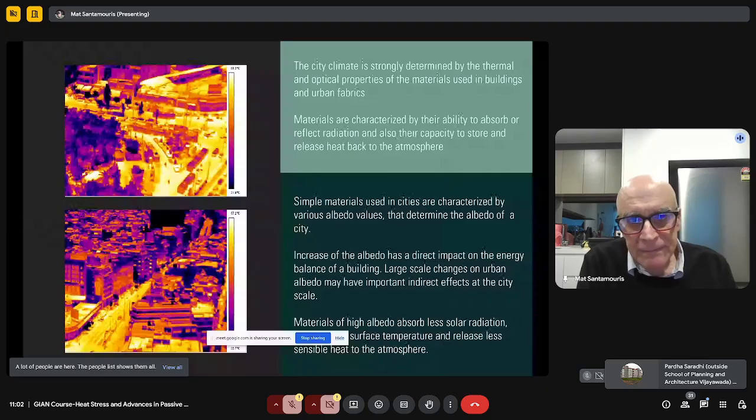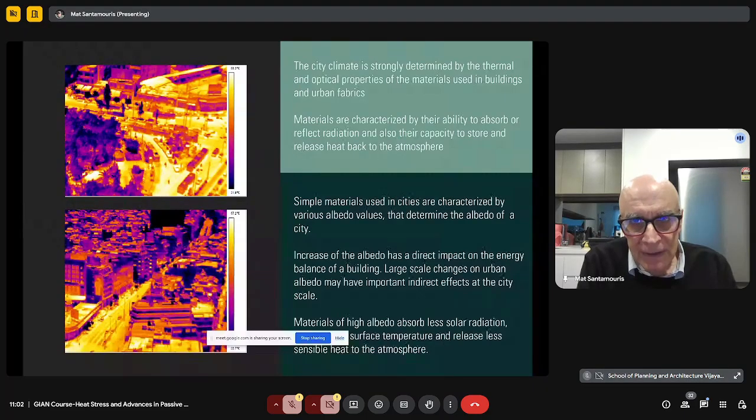Materials determine the urban climate. Why? Because materials are characterized by an ability to absorb or reflect radiation, mainly solar and thermal radiation, and also because they have a capacity to store and release heat back to the atmosphere. So in this case, they heat or cool down the atmosphere.